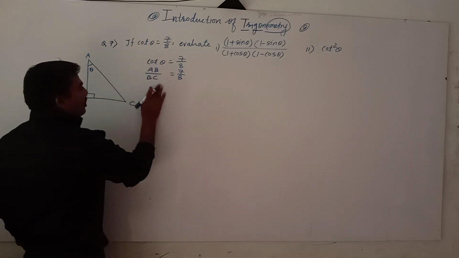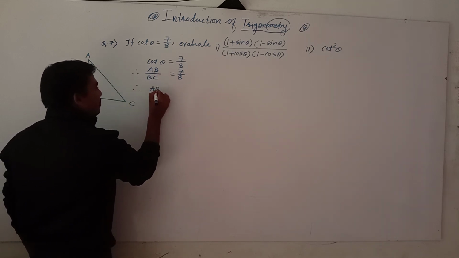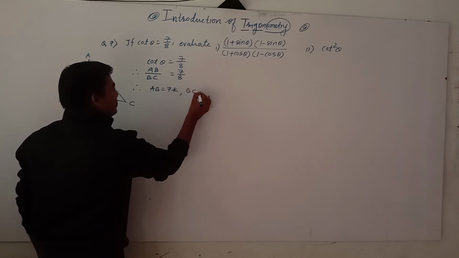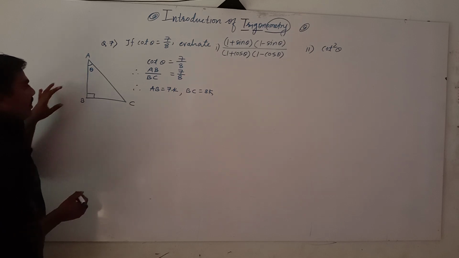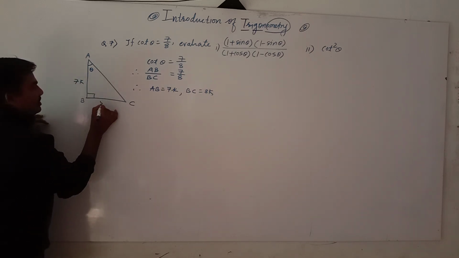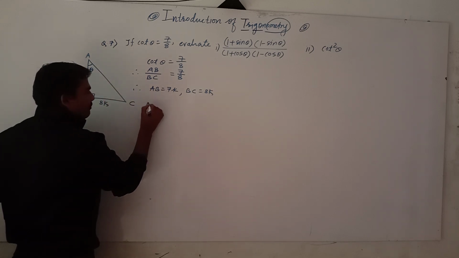So now I got AB is equal to 7K and BC is equal to 8K. I want to calculate AC.